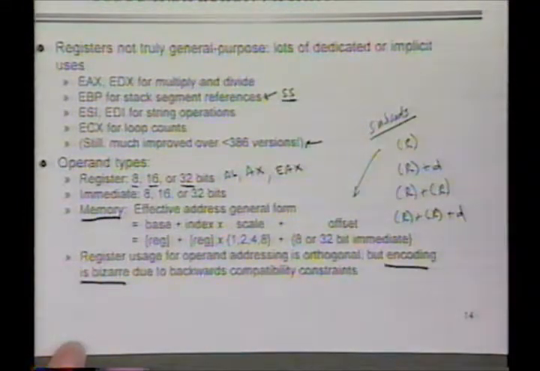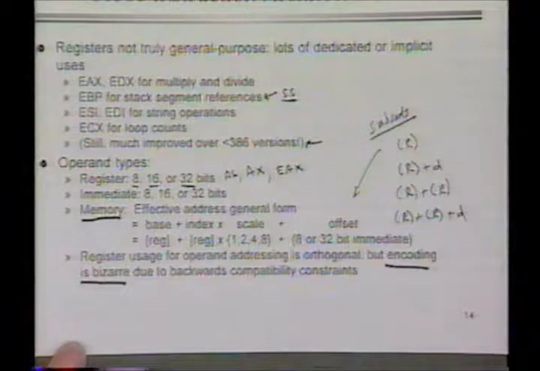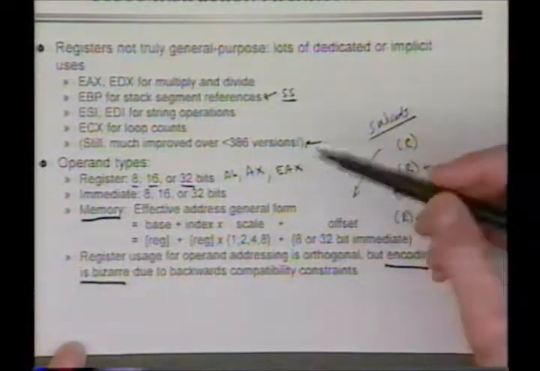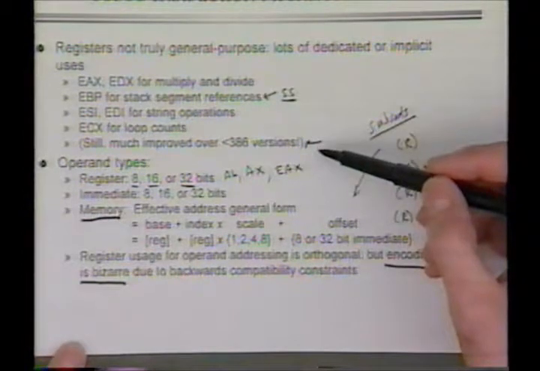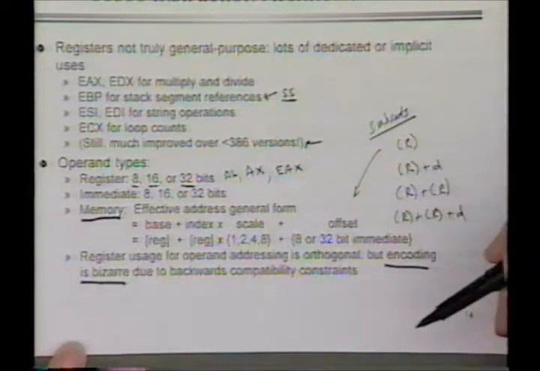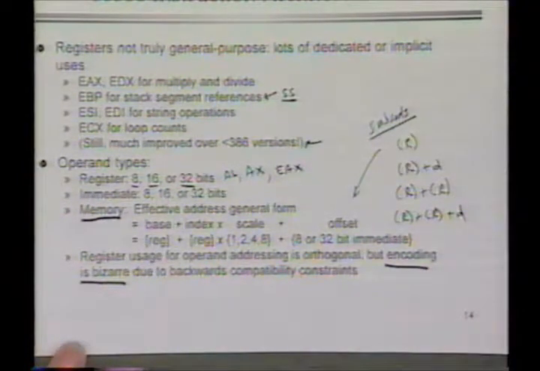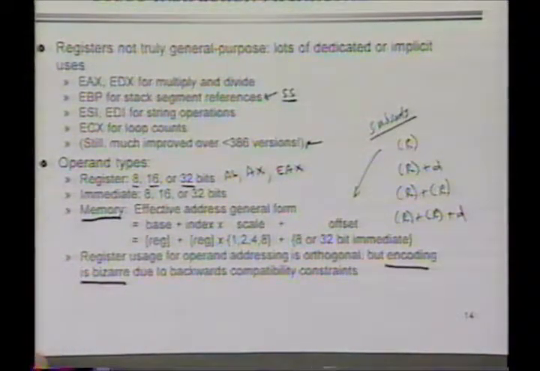But if you make an innocent change, like you change ESI to EAX, you just change the name of which register you're using in one of these addressing modes, then in fact the entire form of the instruction may change, because now it's no longer an 8086 or 286-like instruction, it's a 386-like instruction. Mostly the programmer and the compiler can ignore that unless it's interested in the absolute minimum encoding of any particular instruction. So a lot of that complication is hidden from everyone except the compiler writer or the assembler.